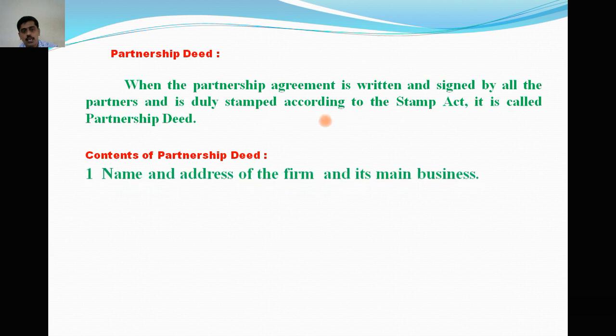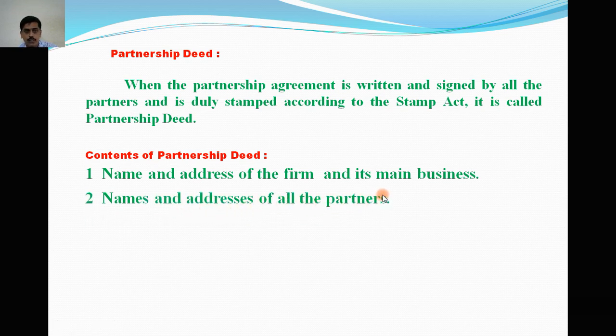First one is the name and address of the firm and its main business. And secondly, names and addresses of all the partners.